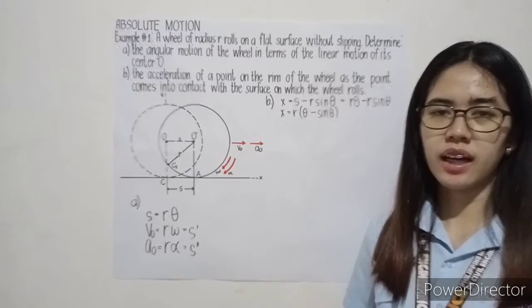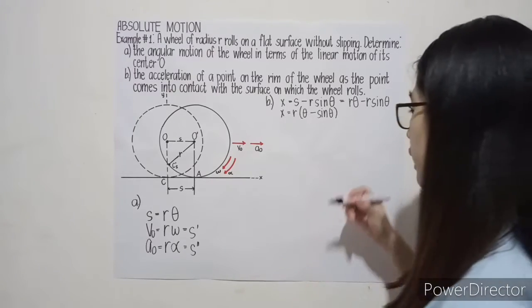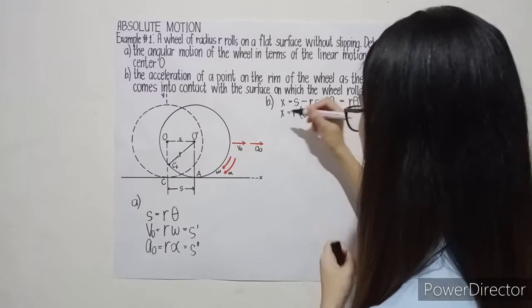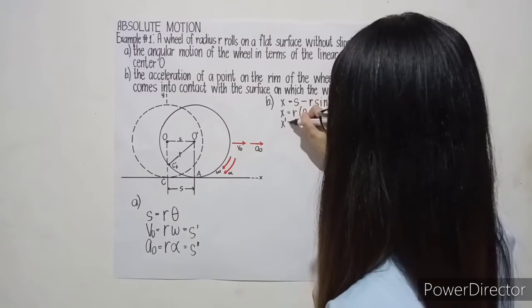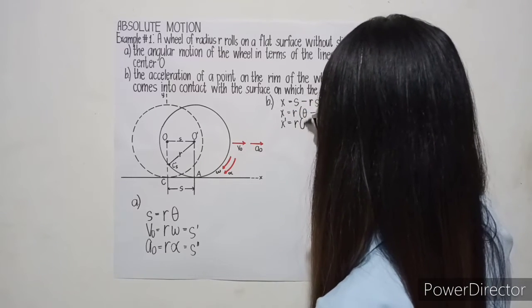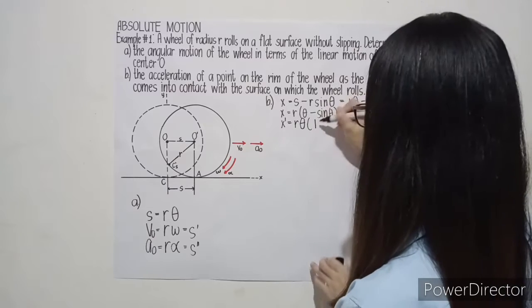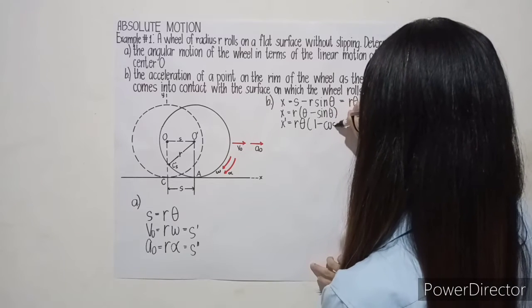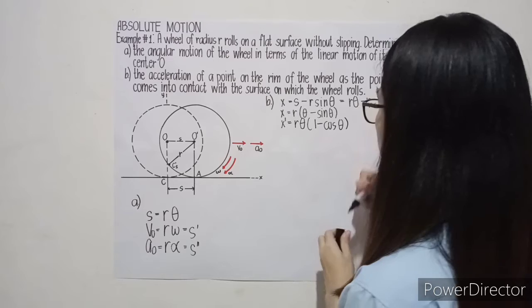Then using differentiation, the first derivative of x is r theta prime times 1 minus cosine theta.